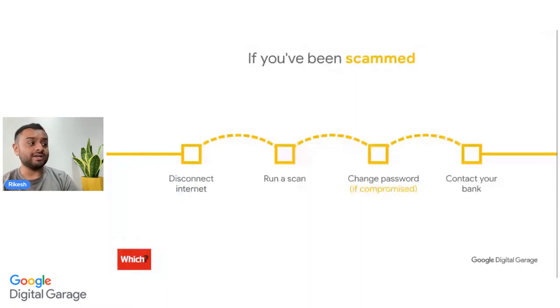Before you disconnect from the internet, which is great because that stops anything further happening a lot of the time, we want to make sure that we've got antivirus software. So definitely check out the Which? Best Buy recommendations. Have a look at the website for that as well, and download which one you feel is most appropriate for you. And then you can disconnect from the internet and run a thorough scan, like we talked about in the medium risk category.